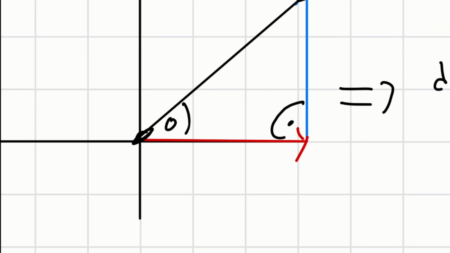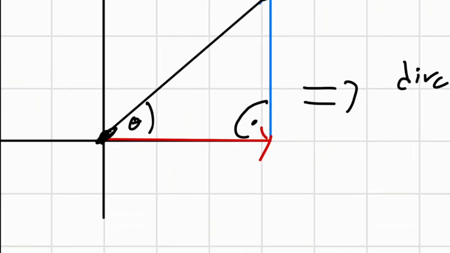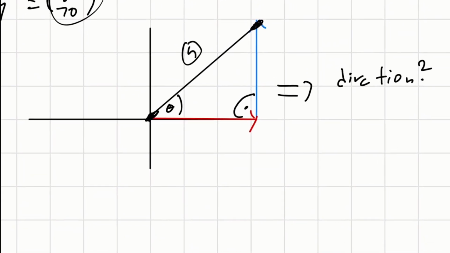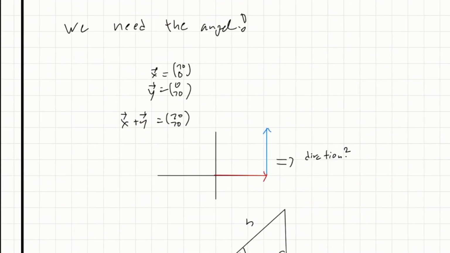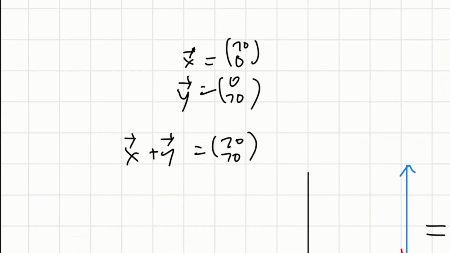If we have to go from here to here, we need a certain direction, a certain angle. And if we want to know how long we have to walk, we need another idea of a right-angle triangle.